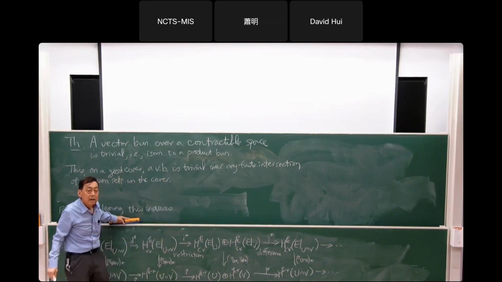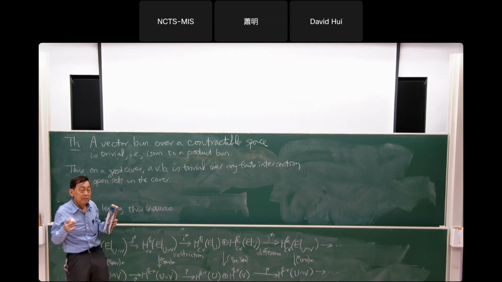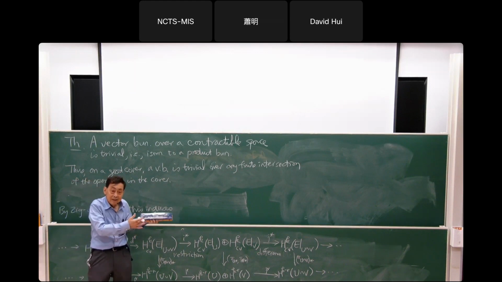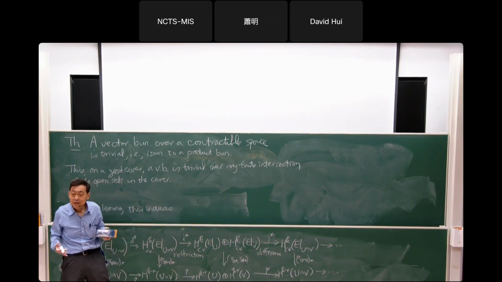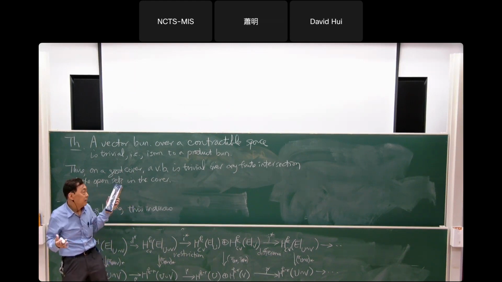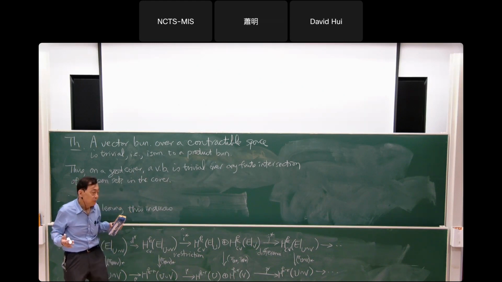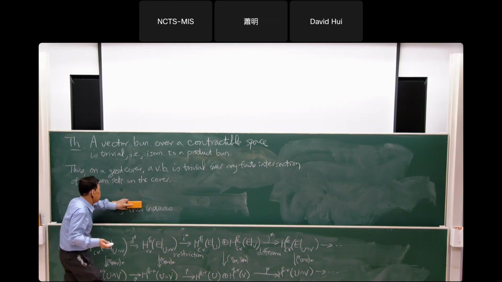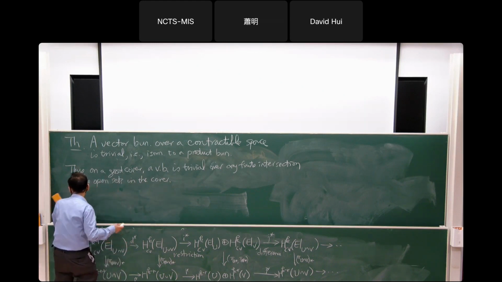And now if you have just one open set, the vector bundle is trivial, and provided that we have the right cochain homotopy, right? So that's the Poincaré lemma for a product bundle, and so you have the Thom isomorphism, and then we do induction on the number of open sets like before.